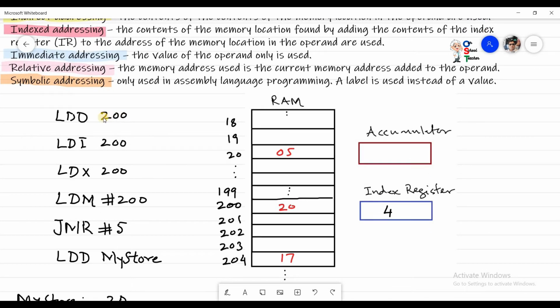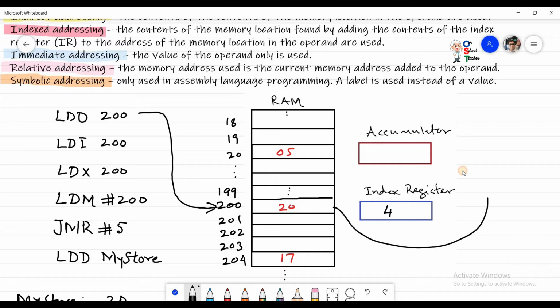Whatever value is there at the address of 200, this is the address 200, this value will be loaded in accumulator. Right, this is how it is working. So the value, this value is actually an address, and from this address the value will be picked and stored in accumulator. So this is an example of direct addressing, right?